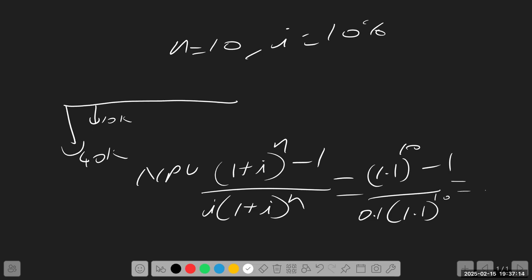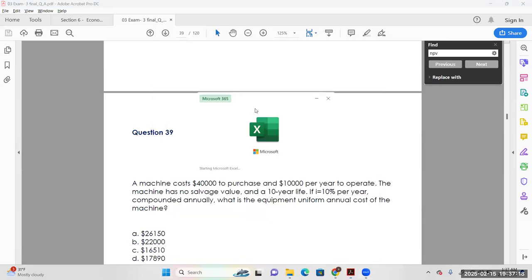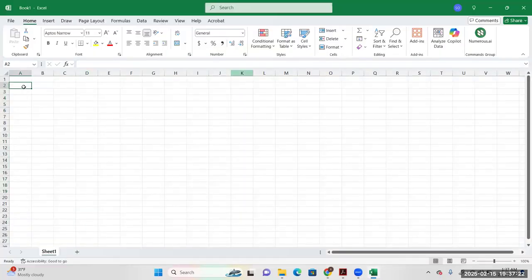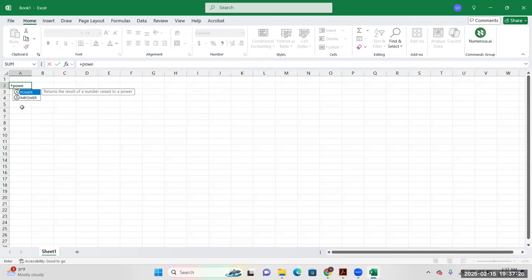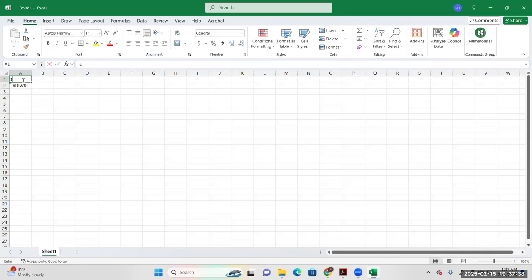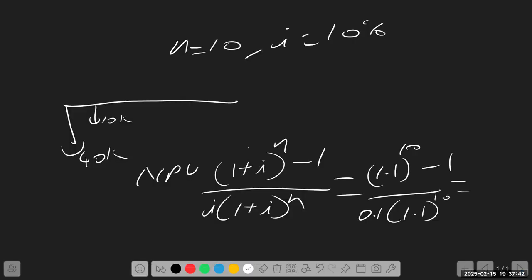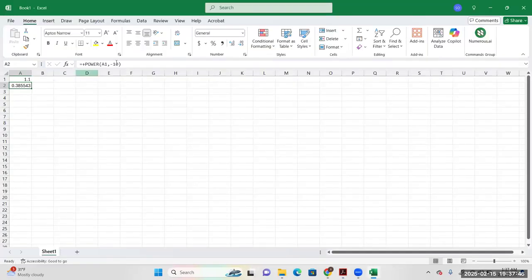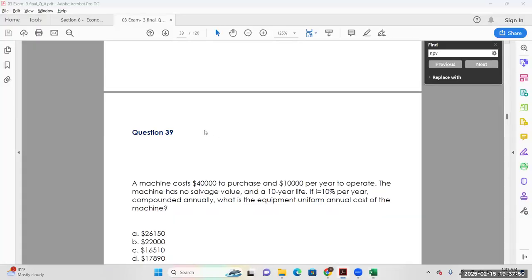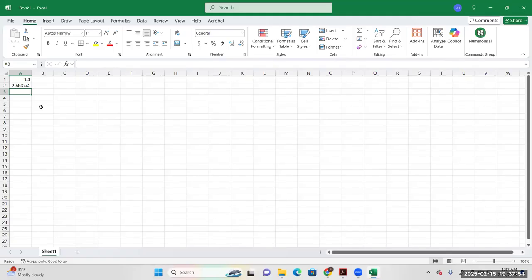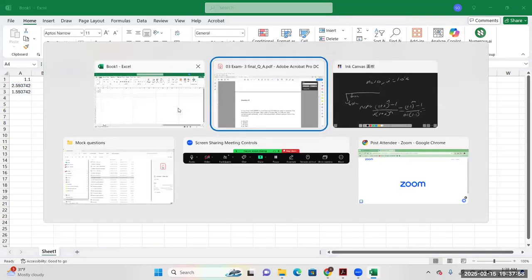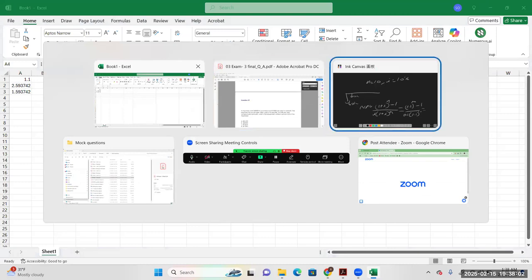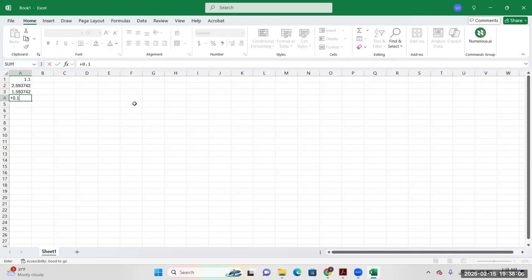Okay, how much is it? Let me open my calculator. 1.1 raised to 10 is 2.5, minus 1, then 0.1 multiplied by this.